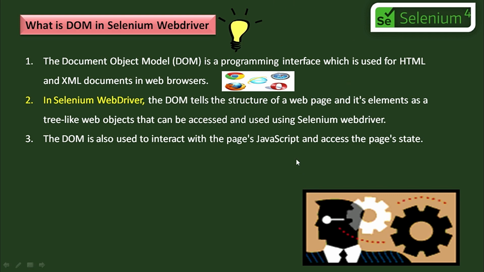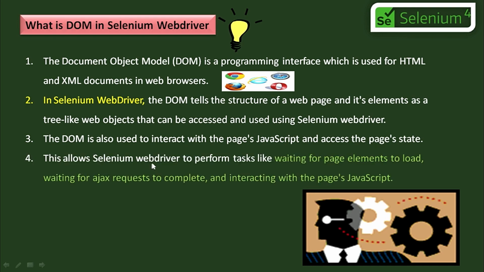So if your application is more dynamic, how do you automate it? The DOM allows Selenium WebDriver to perform tasks like waiting for page elements to load, waiting for the Ajax request to complete, and interacting with the page JavaScript. Some applications are very dynamic, and to deal with such applications we should know about the DOM structure of the application. If we know the DOM structure, we can write the best locators to locate our web element.